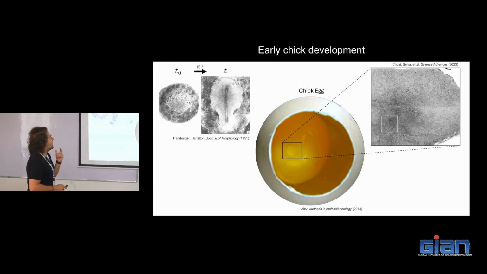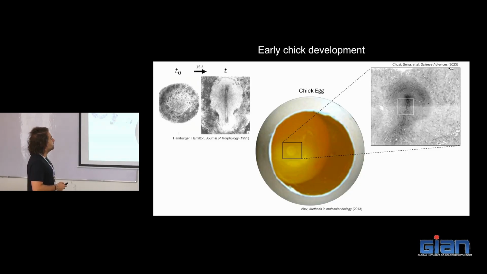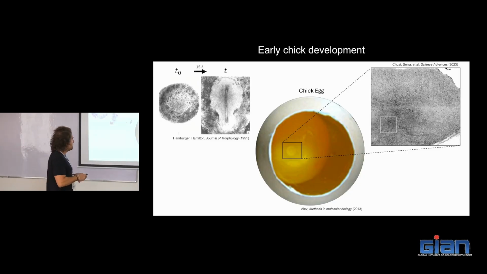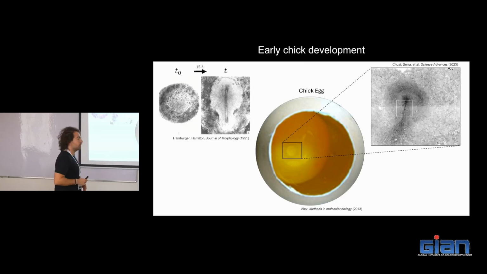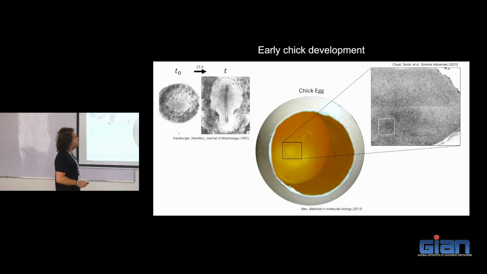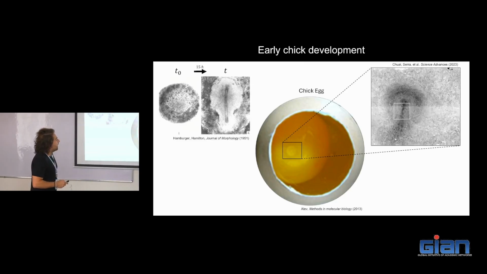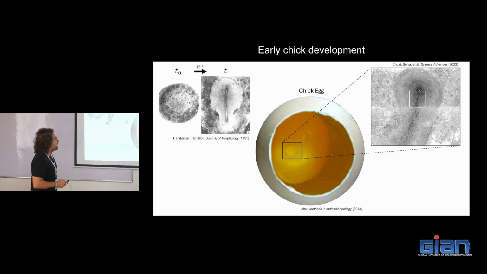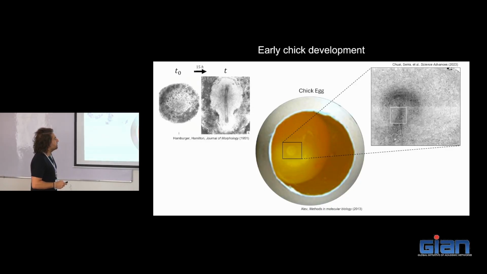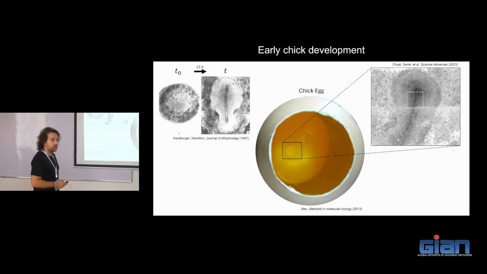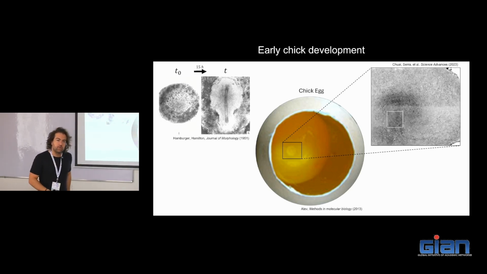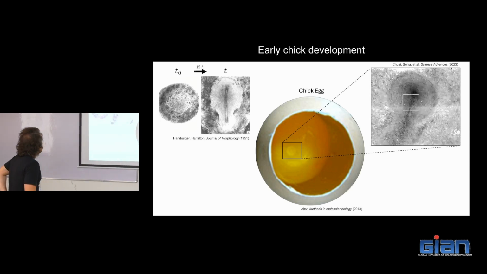And the physical relevance is that really this system is basically two-dimensional. You can really image it. You put a microscope on top, and therefore it's also interesting to understand how we can learn new mechanisms of living systems looking at this basically in vivo tissue.